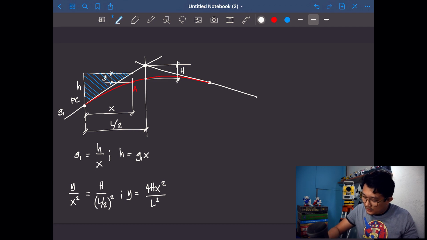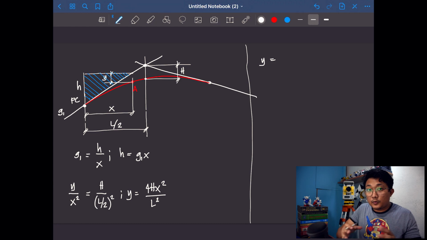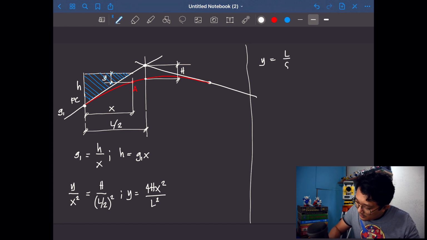So now I can solve. I can just divide my screen right here, and I can say that y is equal to, what is h? h from the previous screen was L over 8 times (g1 minus g2). So this is times 4x squared over L squared.